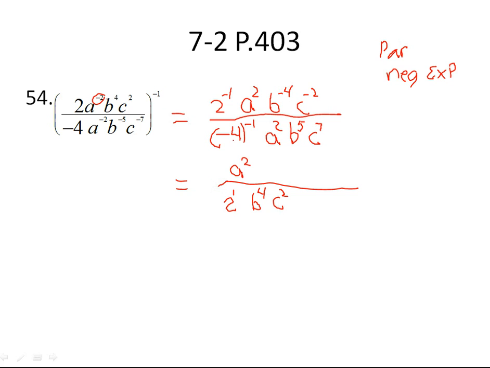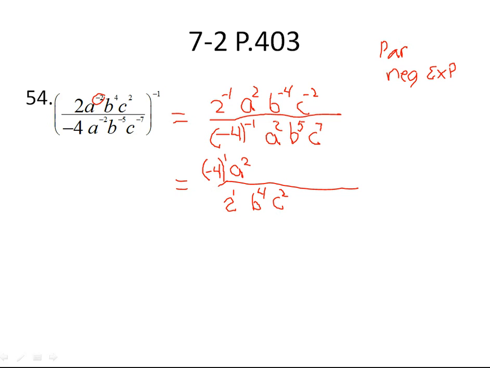Now we go down here and go from left to right again. The -4 to the -1 power is a negative exponent, so this has got to go to the other side and become -4 to the +1 exponent.